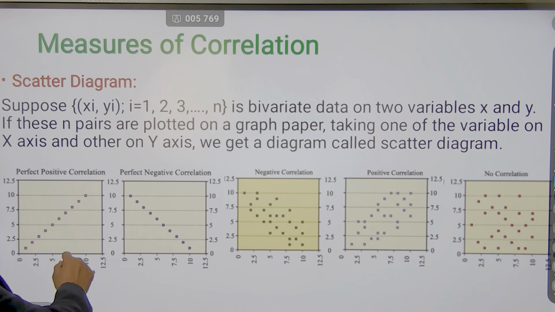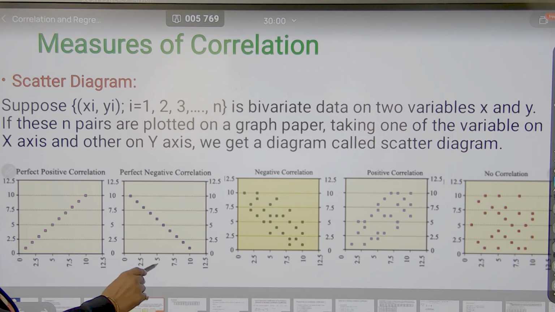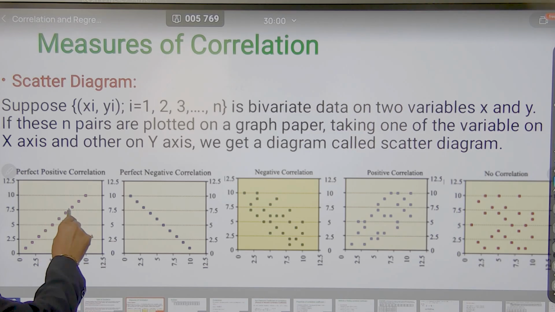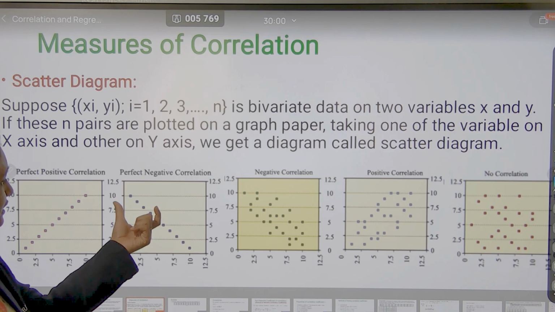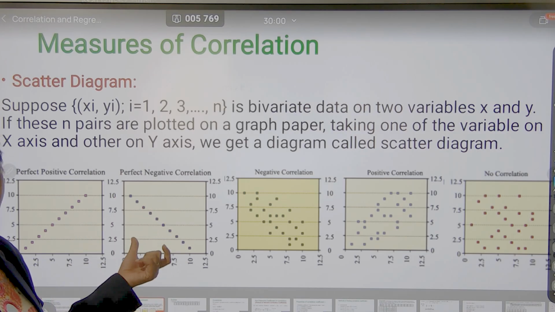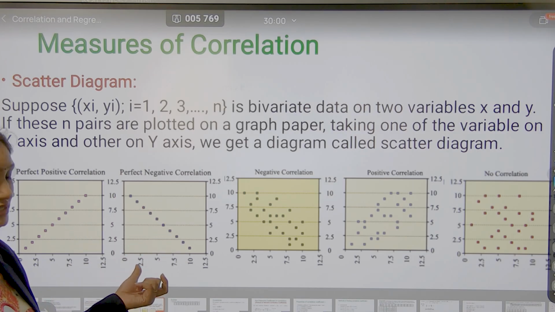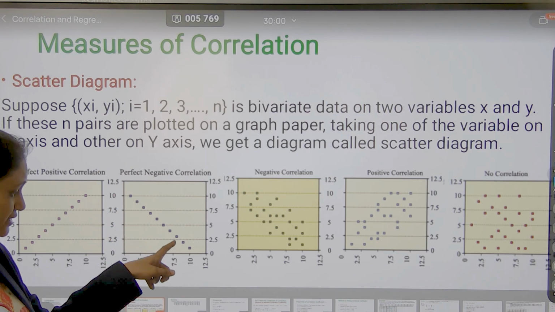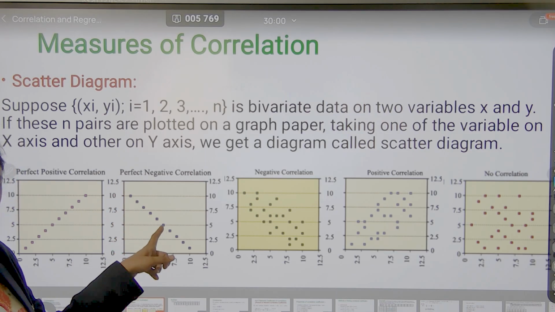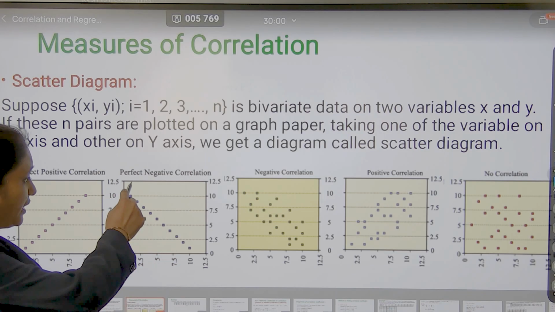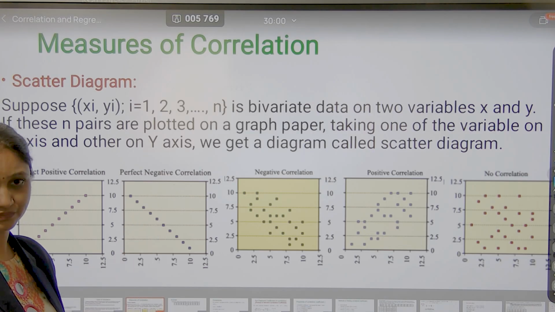Second is the perfect positive correlation because the values increase diagonally. Next is the perfect negative correlation, because as the value of one variable increases, the value of the other variable decreases diagonally.